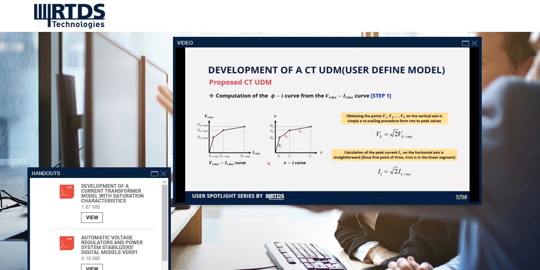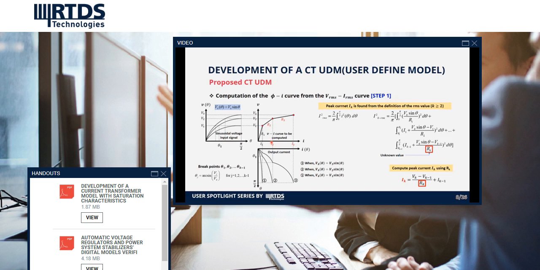For the first linear segment in the VI curve, the calculation of the peak current I1 on the horizontal axis is straightforward. Because the first point of RMS voltage and RMS current is in the linear segment, the first point of the peak current is obtained by multiplying the RMS value by square root 2.